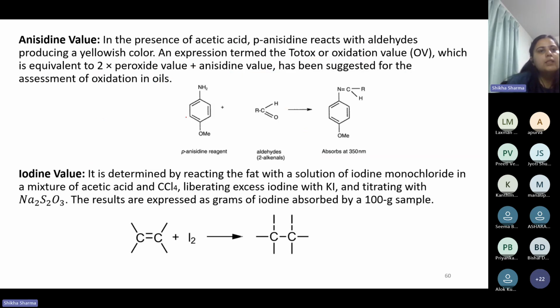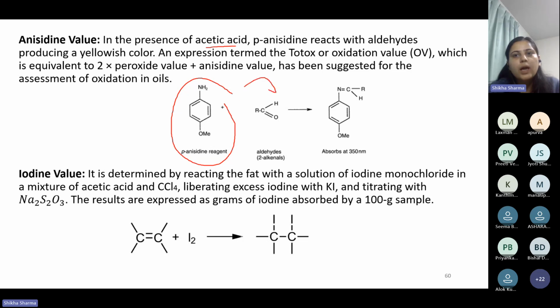Next is the anisidine value, which is measured in the presence of acetic acid. What happens? The para-anisidine reacts with aldehyde and produces a yellow-colored chromophore, a yellow-colored compound.